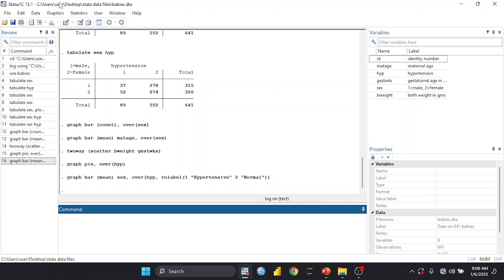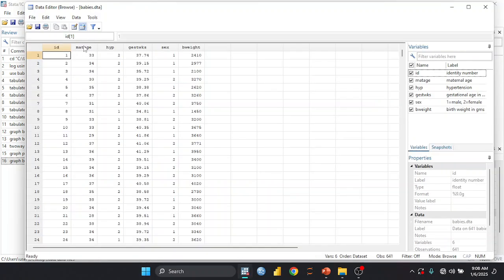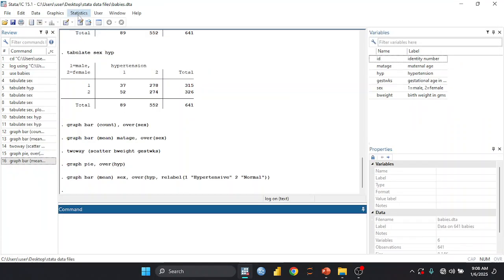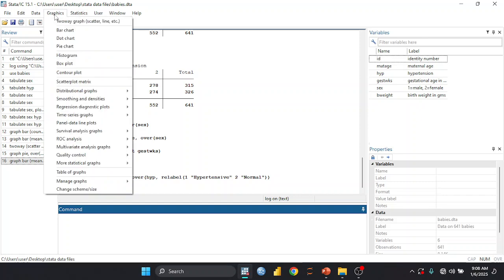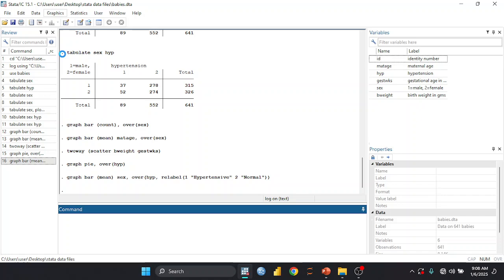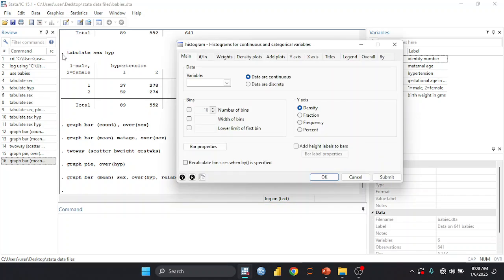For this data set, the integers we have here are month age, gestational weeks, and birth weights. Let's go back to graph and see a histogram for each one of them. So one of the assumptions of the t-test is that it is a parametric test, so we check for normality. All right.